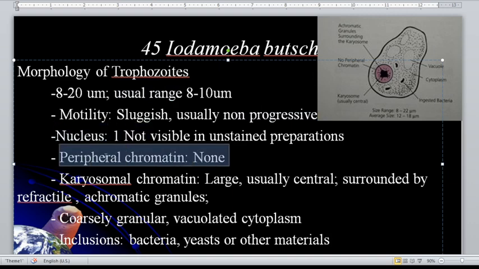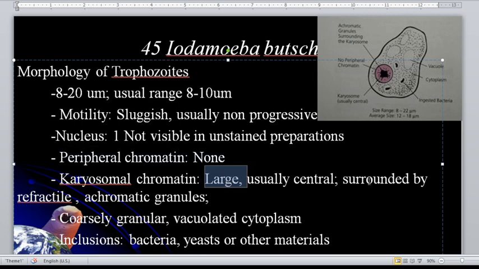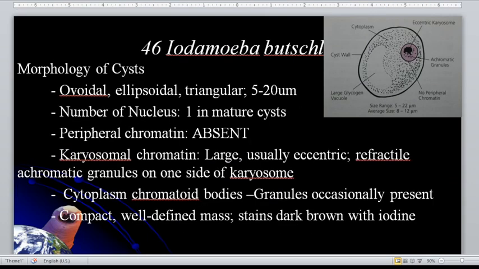Peripheral chromatin: none, same with Endolimax nana. Karyosomal chromatin, pero sila may malaking karyosomal chromatin, usually central and surrounded by refractile achromatic granules. Coarsely granular and vacuolated cytoplasm because of the presence of vacuoles, just like Endolimax nana and Entamoeba coli. Inclusions: bacteria, yeast, or other materials.